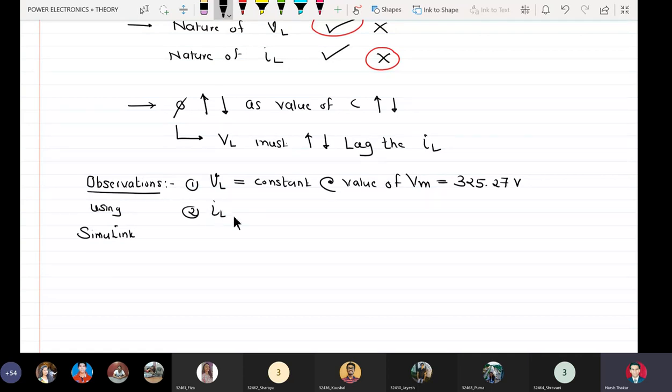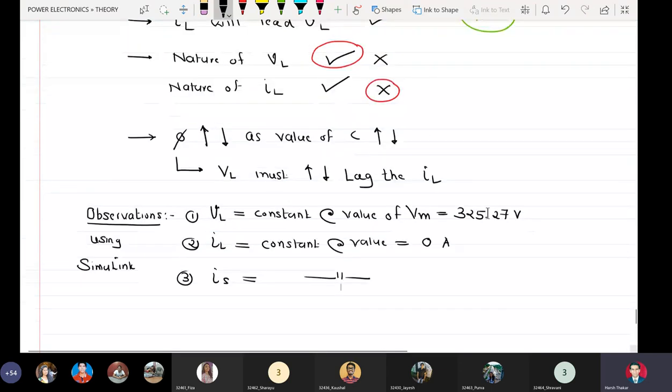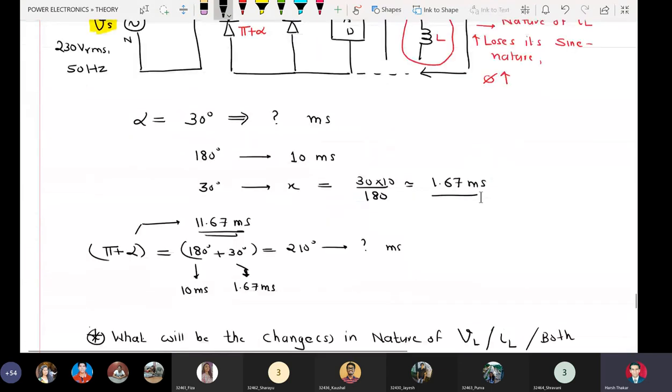Second, the load current is constant at a value equal to 0 amps. Third, the source current is also constant at a value equal to 0 amperes. The point? Yes.